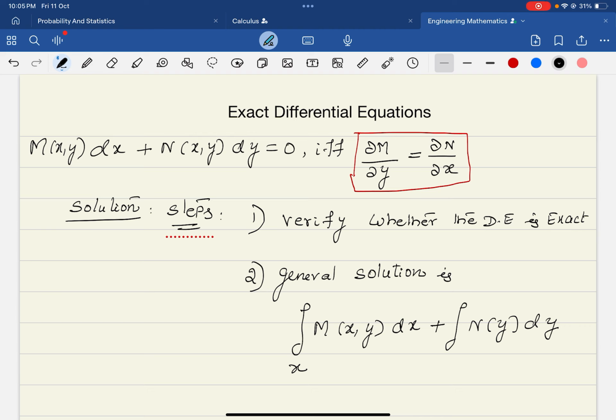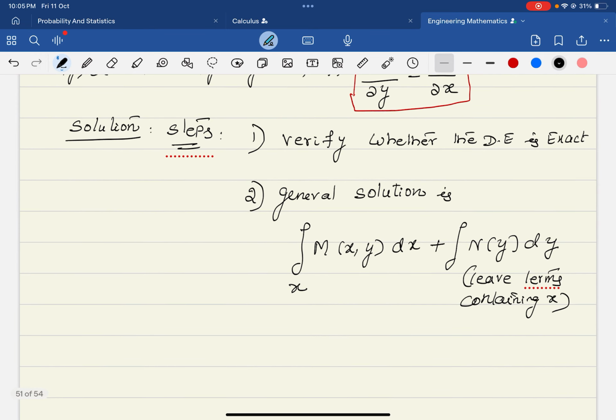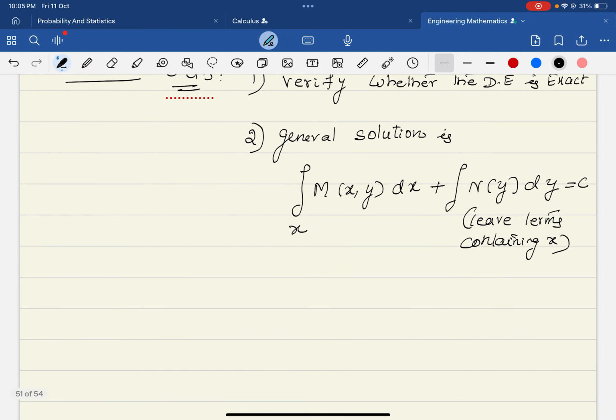So we just leave the terms containing x. Only the terms containing y we take, that means the function should be independent of x. These two terms are equal to c. This is the solution for the exact differential equation.